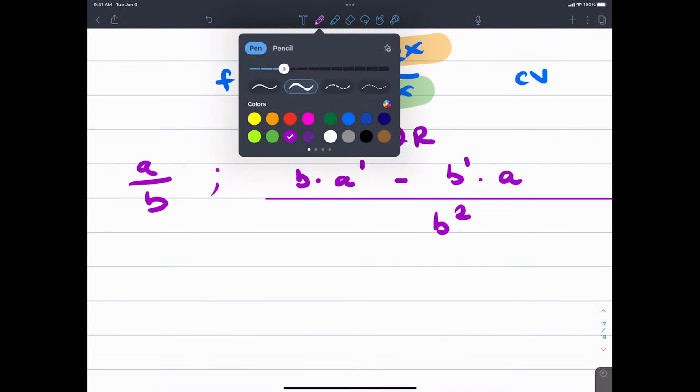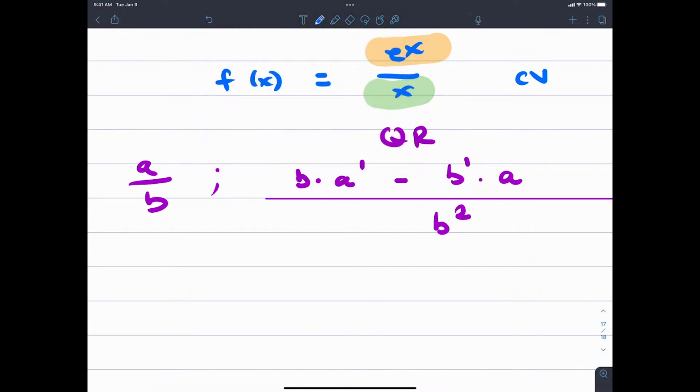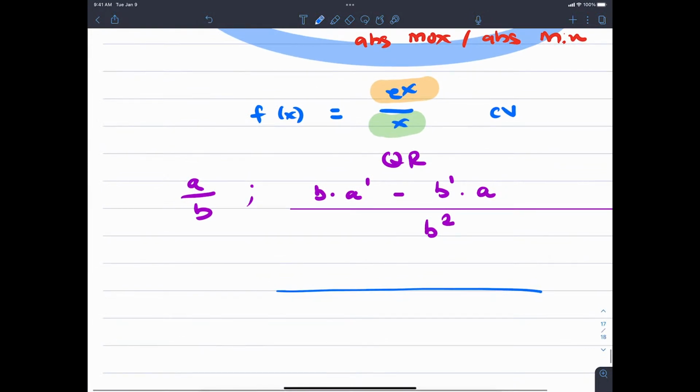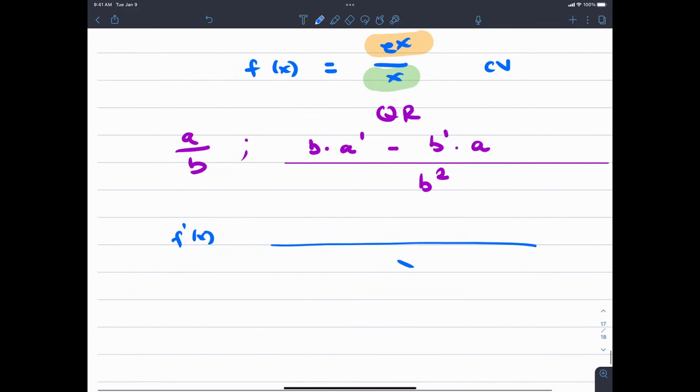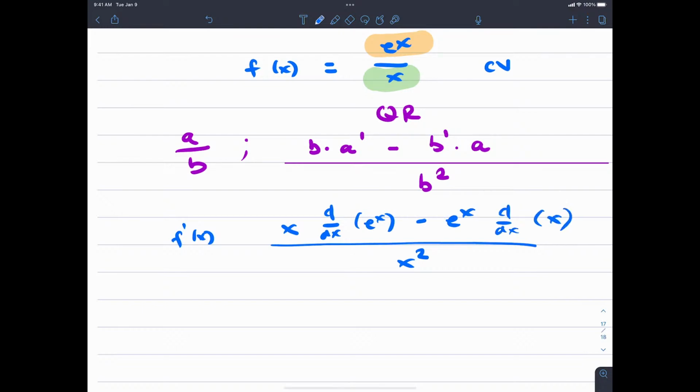So if that's the case, what do we do to get this derivative here, f prime? You have to square the denominator, so that's now what? x squared, and you bring the denominator up. You differentiate the numerator, e to the x, minus that e to the x, and you differentiate the denominator now.